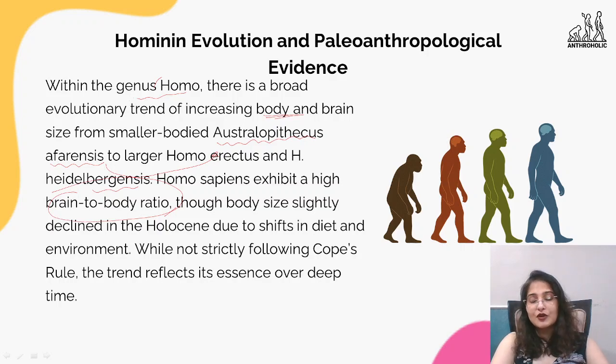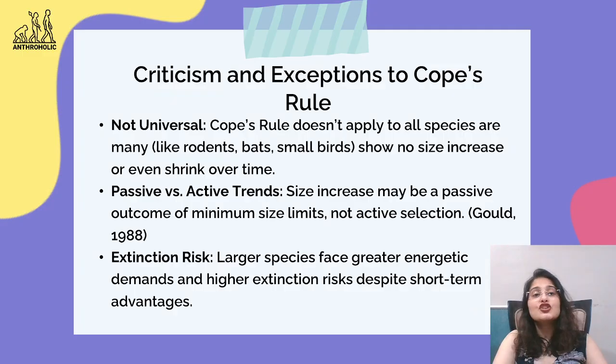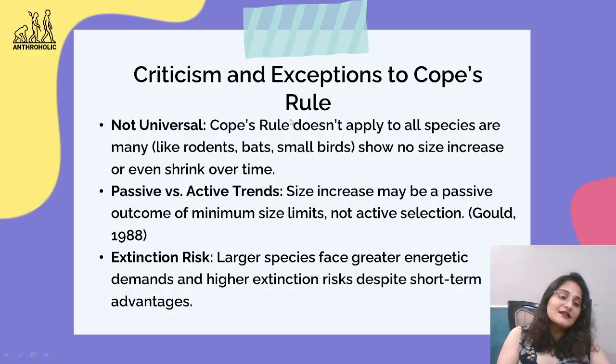The early crocodiles and alligators were much smaller in size compared to today's, right? So there are multiple organisms where you will see that the fossils are much smaller compared to what the organism size is today. But definitely there are certain criticisms and exceptions. So as I told you, this was a general observation, not exactly a rule, so it is not universal.